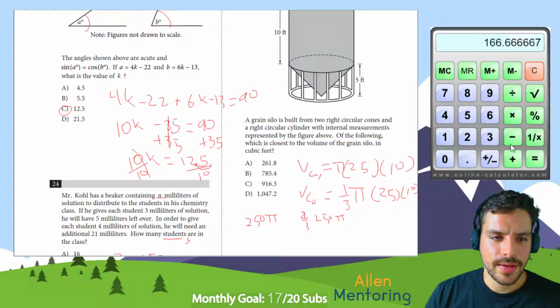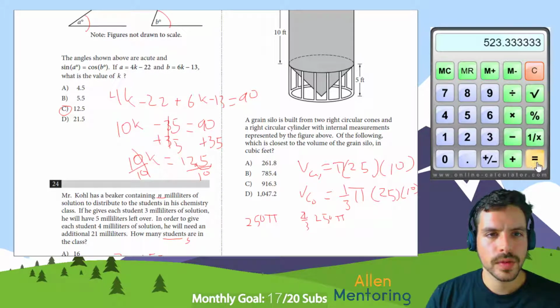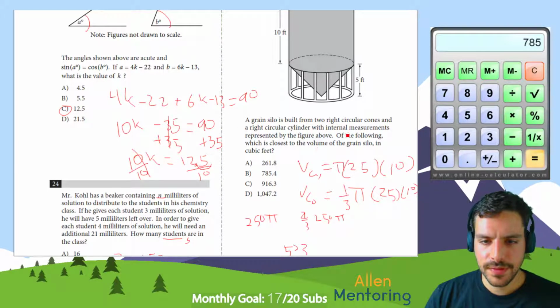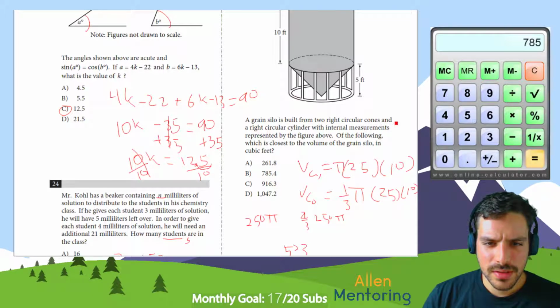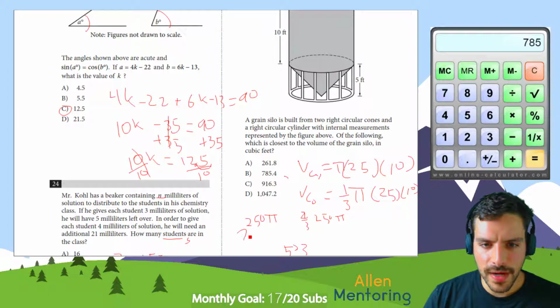We're going to multiply that by pi, and I'll estimate that as 3.14. So that's 523 for the cones, and then 250 pi for the cylinder, so that's 785.